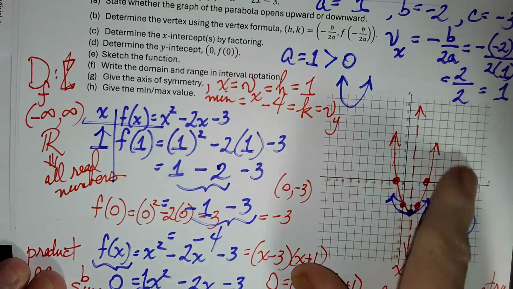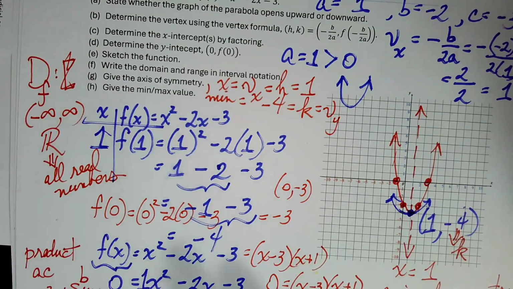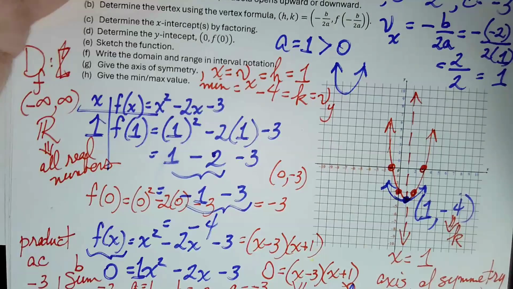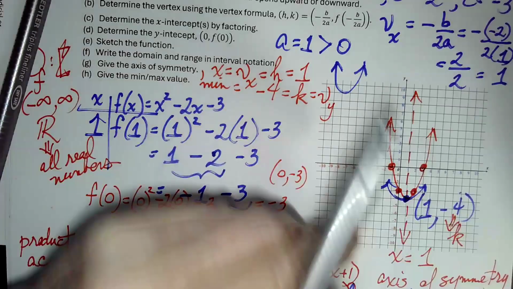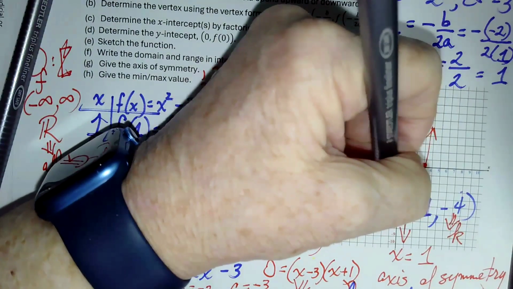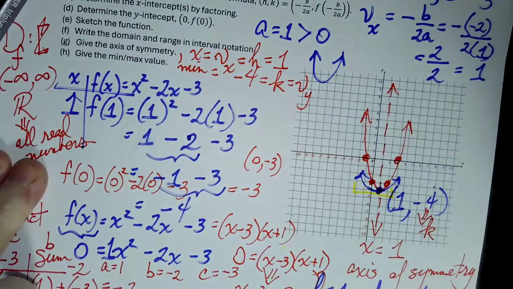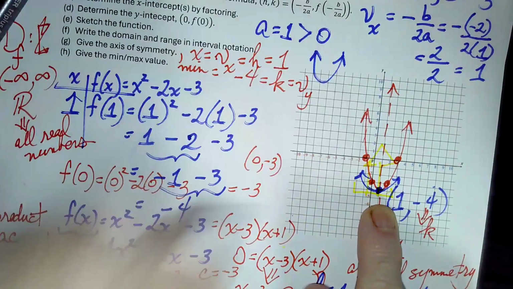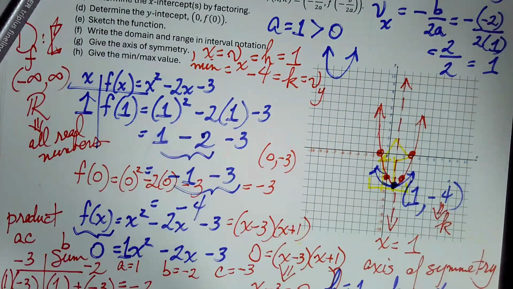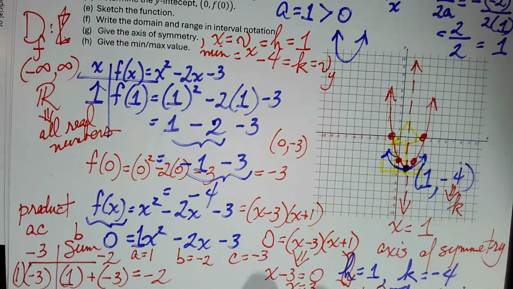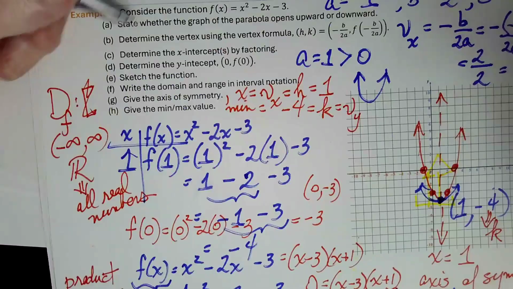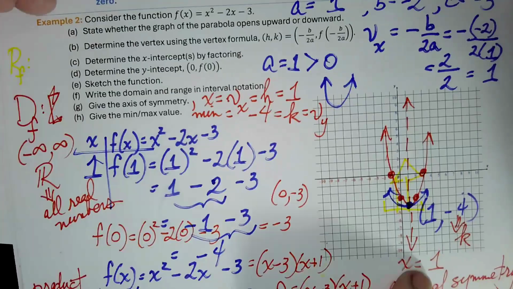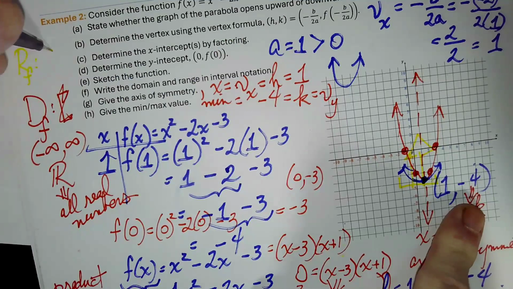Now, if we look at the graph, we don't have all possible numbers on the y-axis. We have a lowest value. So k gives us the lowest value, and then we go up from there. So the range, all the possible outputs, the lowest value is -4.